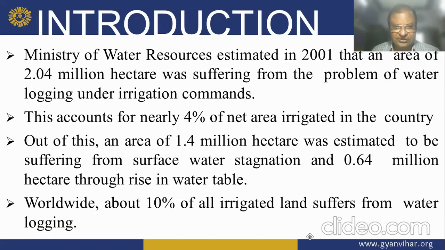Out of this, an area of 1.4 million hectares was estimated to be suffering from surface water stagnation and 0.64 million hectares through a high water table. Worldwide, about 10% of all irrigated land suffers from waterlogging.